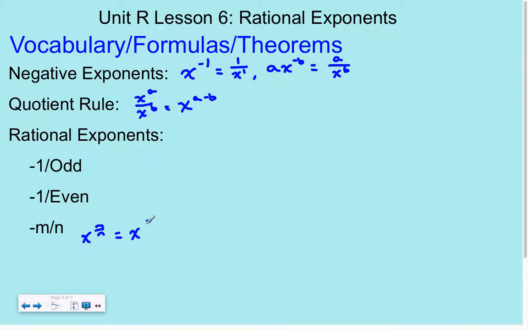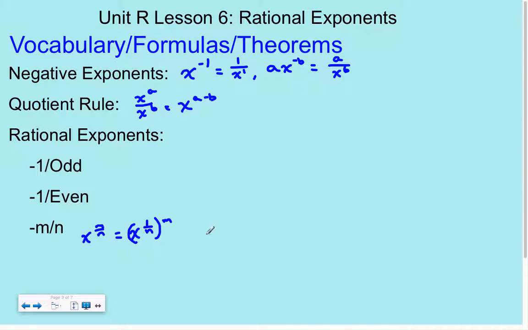This is going to be the same thing as 1 over n to the m power. The reason for this is simply because if I have an exponent to an exponent, well then I would multiply them, and 1 over n times m would get me back to m over n. So this is going to be very helpful.